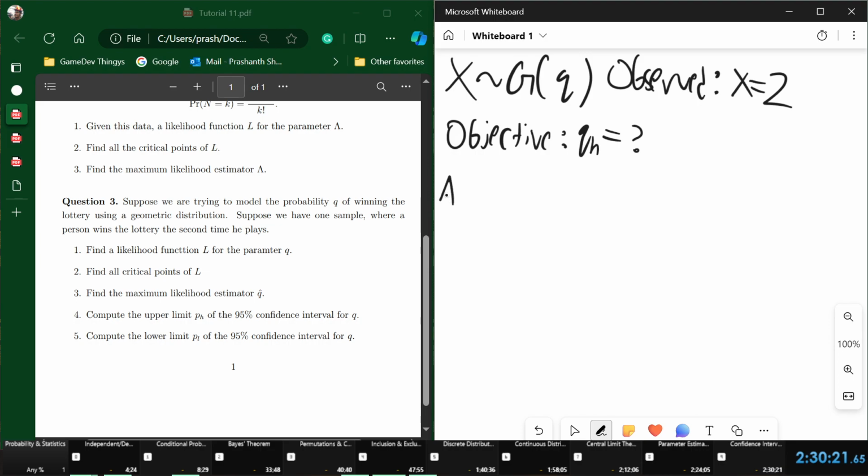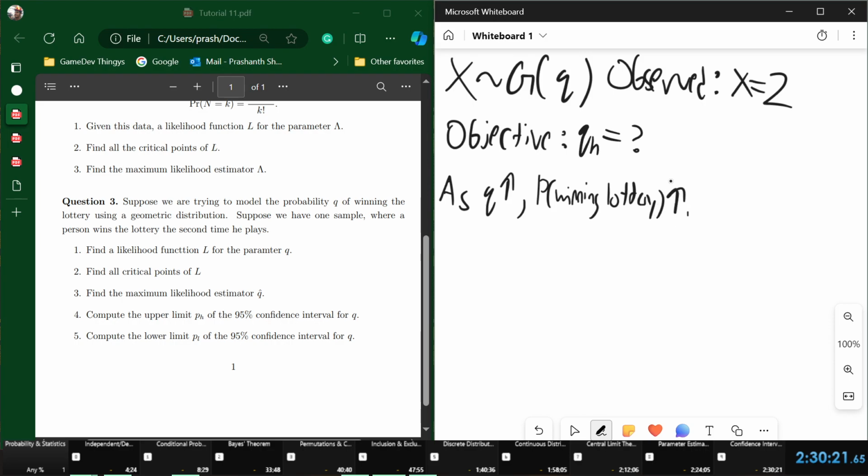So as Q increases, it gets closer and closer to QH. The probability of winning the lottery increases.